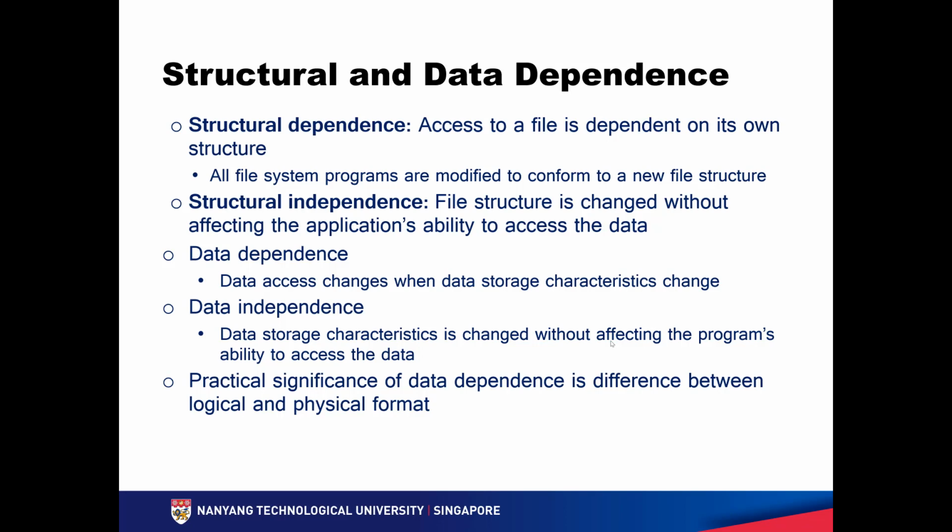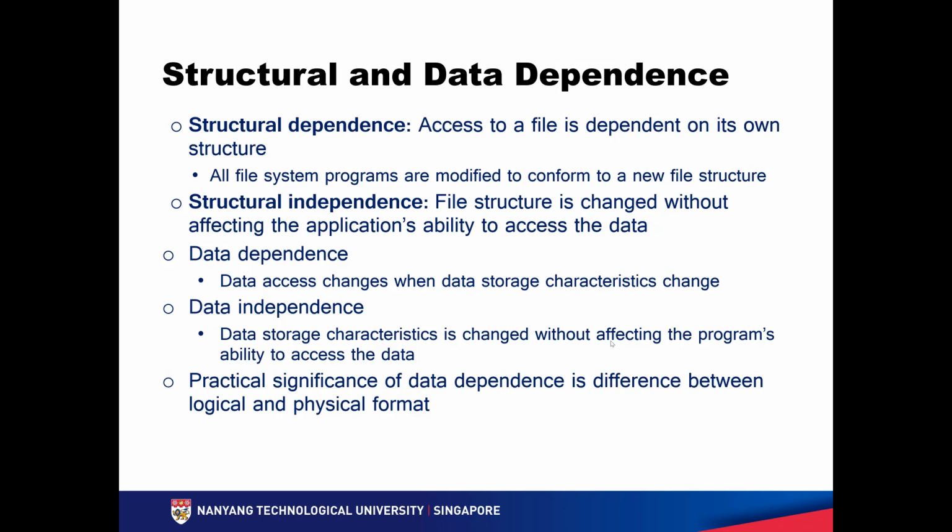So basically, the file structure can be changed without affecting the app's ability to access the data. So whatever changes Grab is doing on its backend database, it will not require immediate changes on the app because it's separated. Likewise, if they are changing the app, it doesn't really require changes to the backend database.